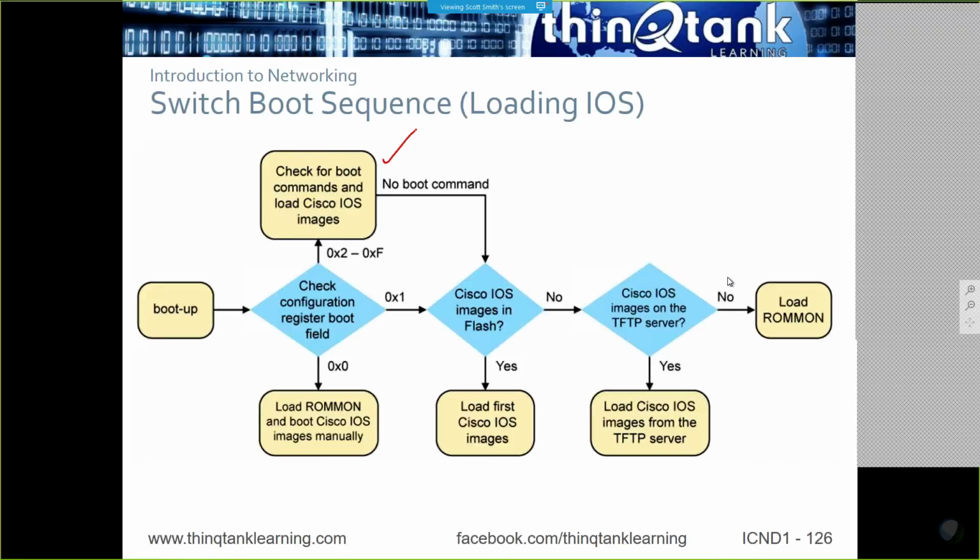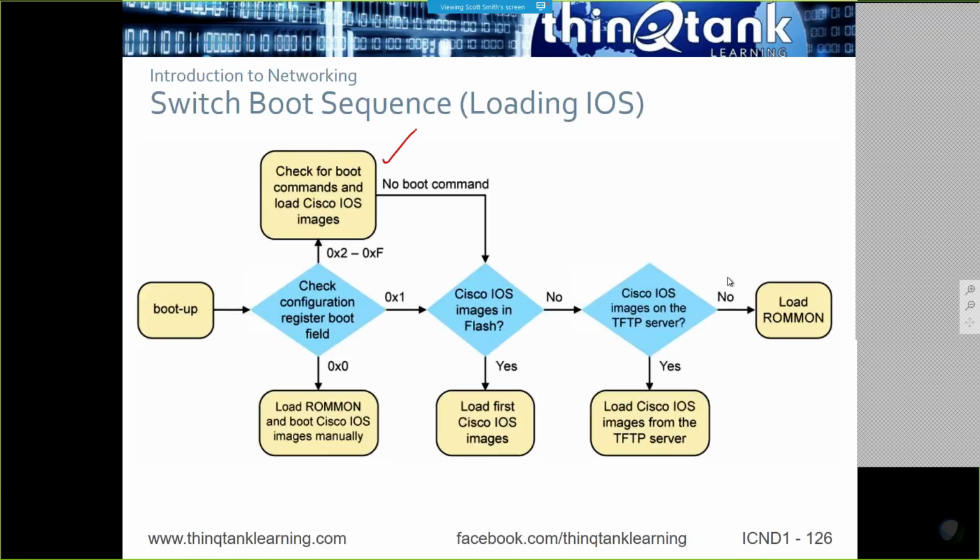Now, again, it's not common to have multiple images on a platform. Usually you're only going to have one image. But sometimes you'll have multiple if you're doing an upgrade and you're halfway through that upgrade process. So just keep in mind, if you do have multiple images in Flash, it's just going to load the first one it sees in the list, which is usually by alphabetical order.